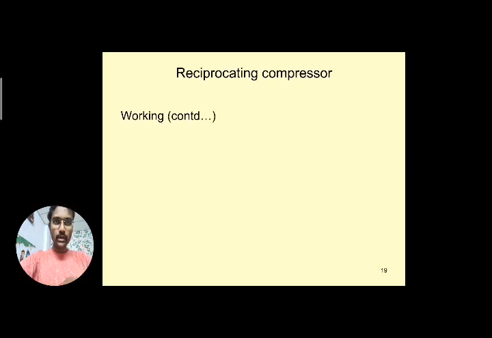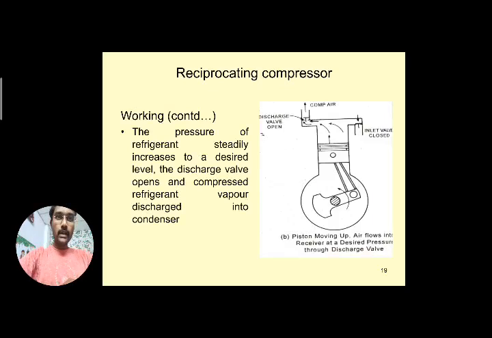So remember that point. Next, the pressure of the refrigerant steadily increases. How is the pressure increasing here? The piston is moving upwards, and the refrigerant pressure increases steadily. The discharge valve opens.